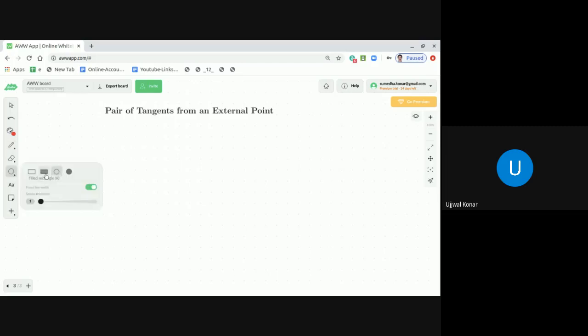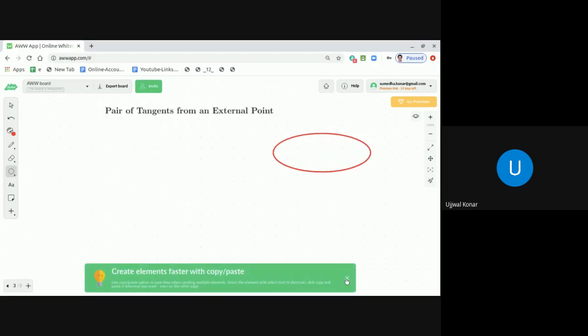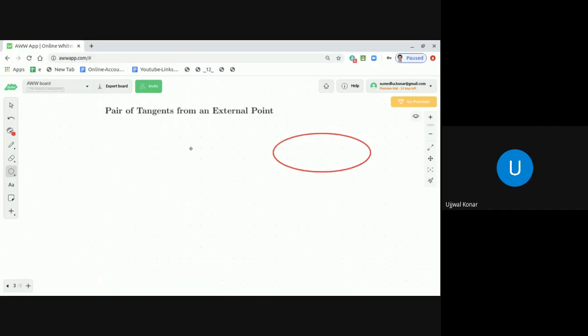So let me first draw one ellipse. Let us consider this is an ellipse, and let us consider a point here, an external point. You see the word external is there. Let us consider a point P with coordinates x1, y1.